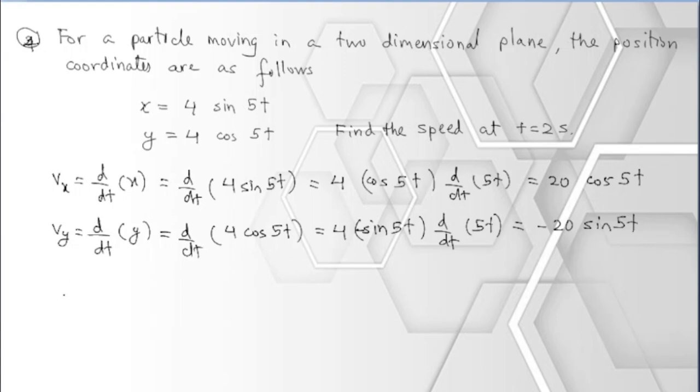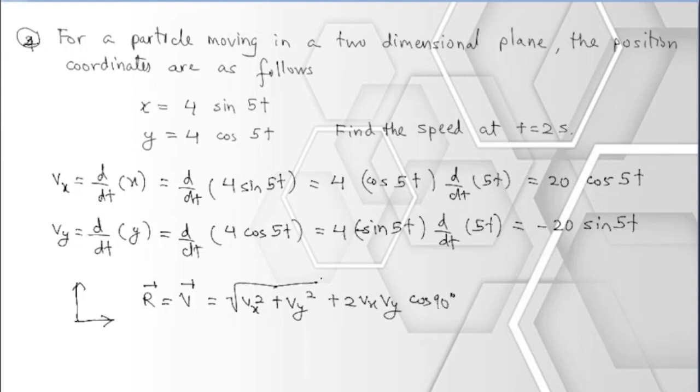Now remember, when we have a vector along x and we have a vector along y, the resultant vector, or the resultant velocity in this case, it is the velocity vector, right? So it is Vx squared plus Vy squared plus 2Vx Vy cos 90. So cos 90 is 0.